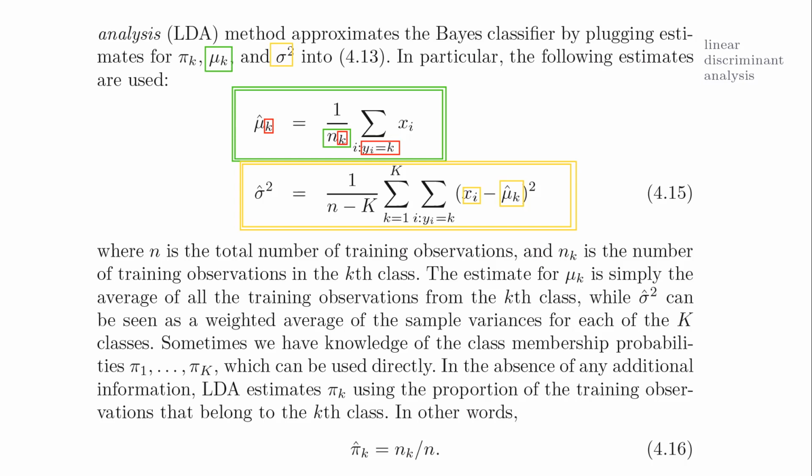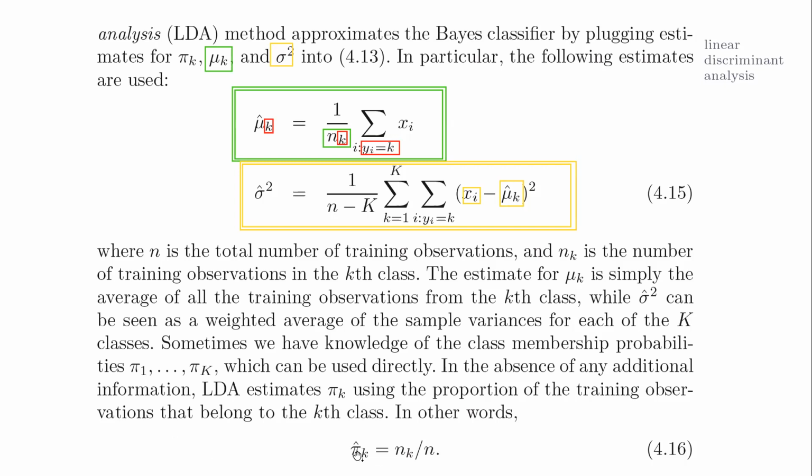Sometimes we have knowledge of the class membership probabilities, pi 1 to pi k, which can be used directly. In the absence of any additional information, LDA estimates pi k using the proportion of training observations that belong to the kth class. Very, very simple.